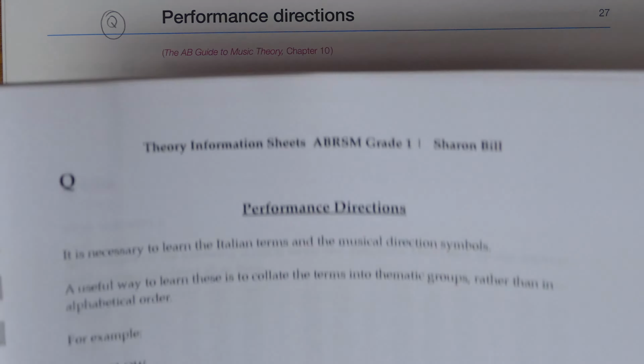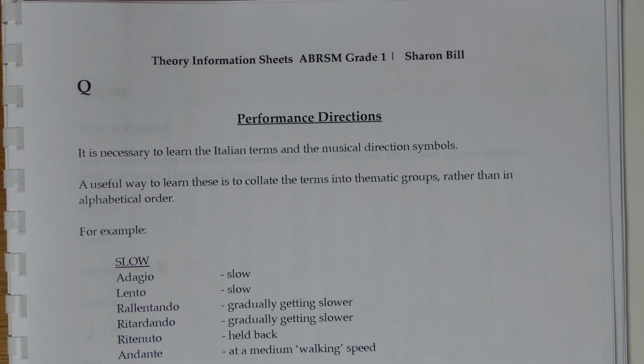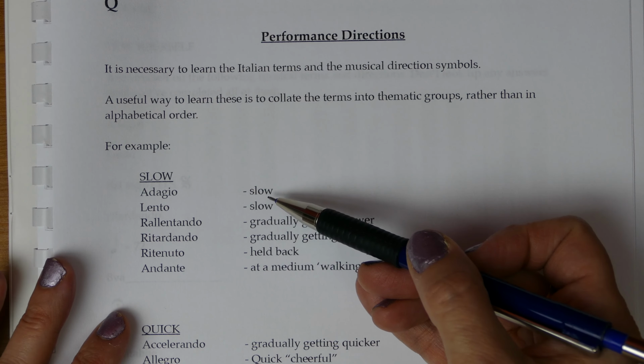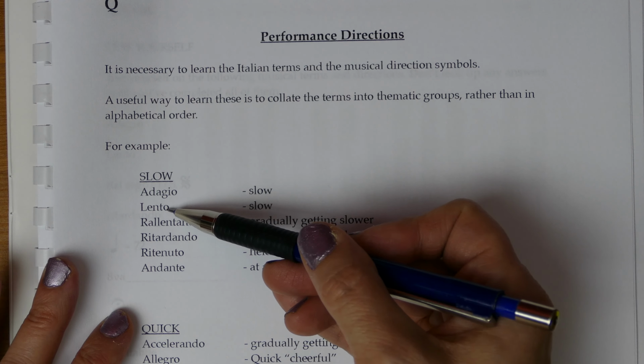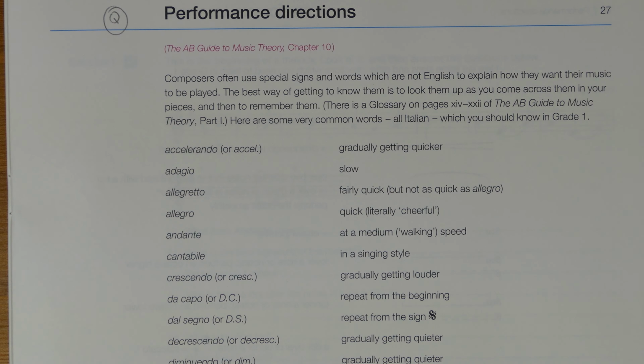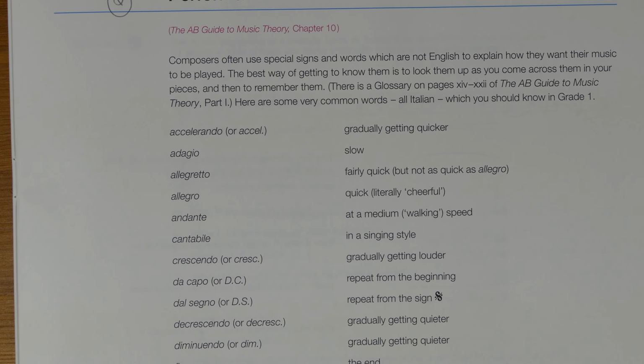On this sheet Q, I've given you an idea of how to collate all of these terms into thematic groups so that you can get a handle on how to remember them. Because if you notice, adagio means slow. So also does lento. That also means slow, whereas that's not immediately obvious on this alphabetically organised list.